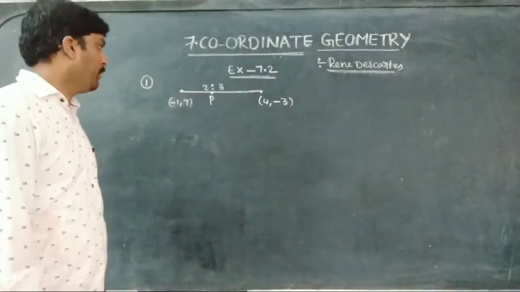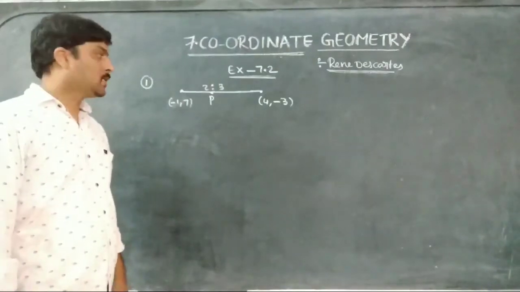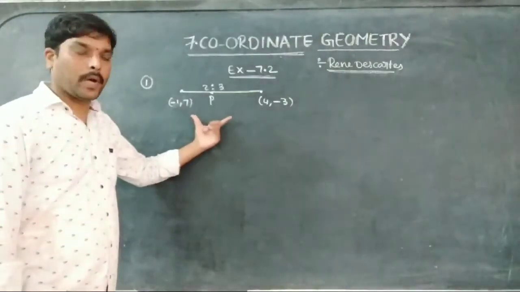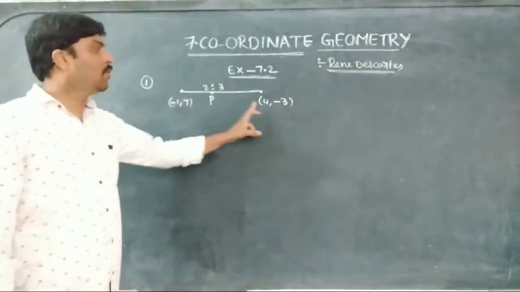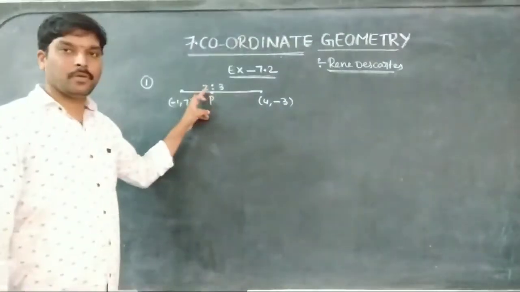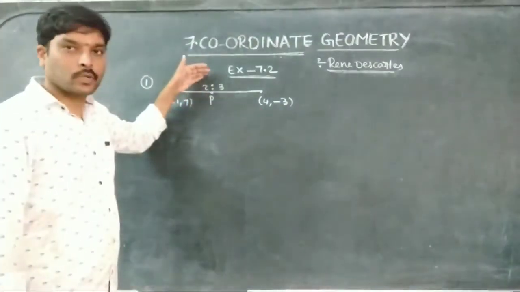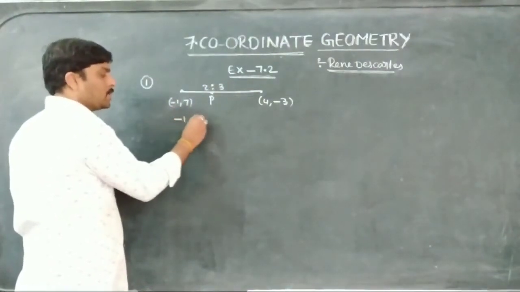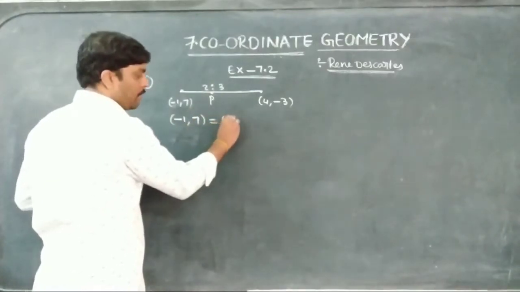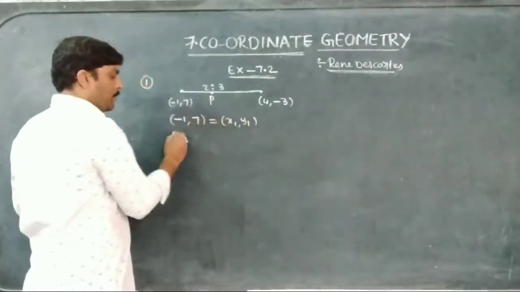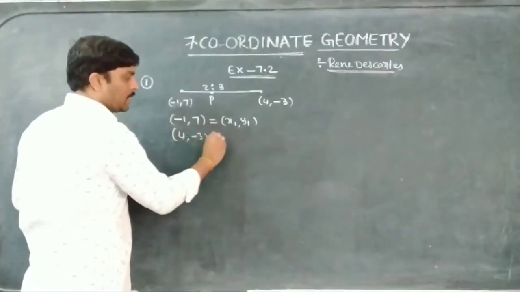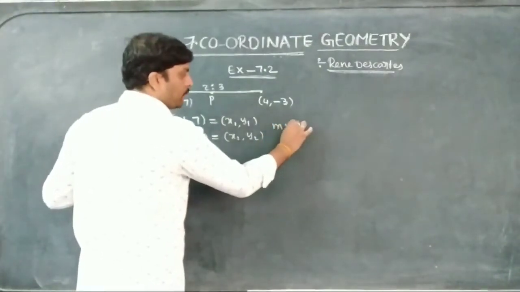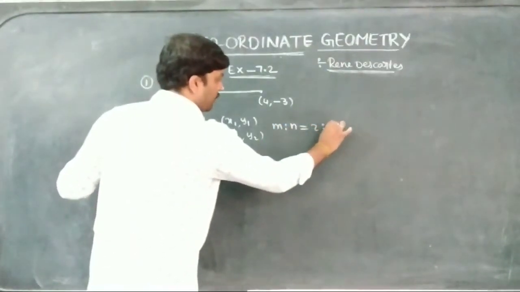In this first question, find the coordinates of a point which divides the line segment joined by the points (-1, 7) and (4, -3) in the ratio 2 is to 3. Okay, so the point (-1, 7) we take as (x1, y1), and (4, -3) as (x2, y2), and m is to n is given as 2 is to 3.